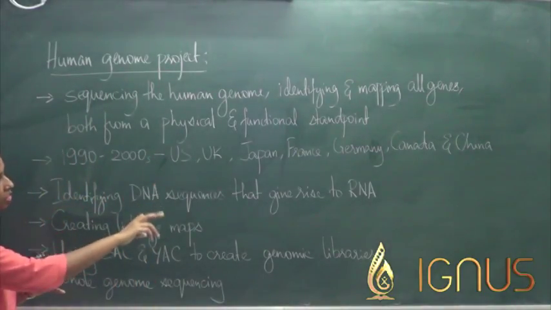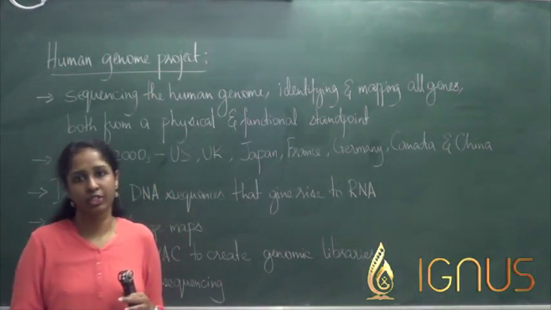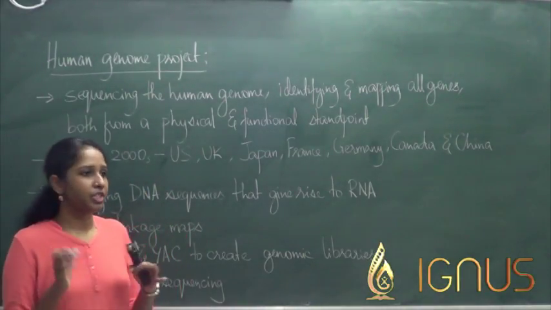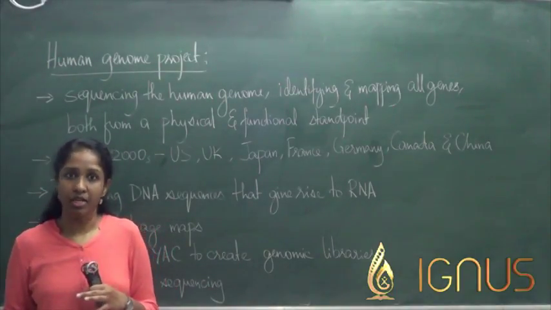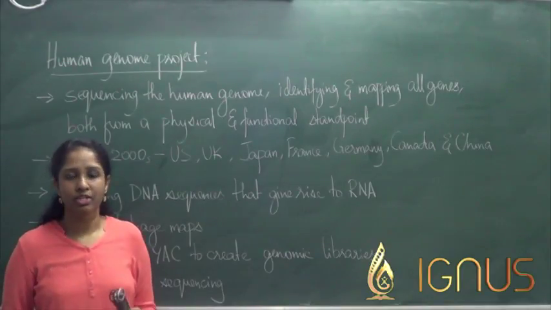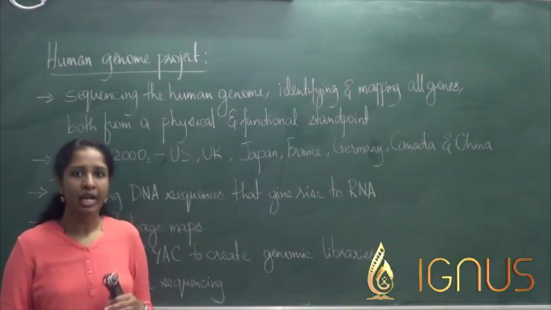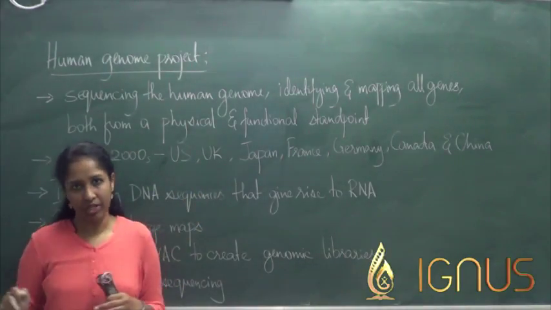And the functional standpoint is wherein we identified what is the function of that specific gene. So we know that a specific gene is present from 3,000 something base pairs to 6,000 something base pairs. But what is the function of that gene? What is the protein that it is giving rise to, and what is the function of that protein? That is again from the functional standpoint that was figured out.